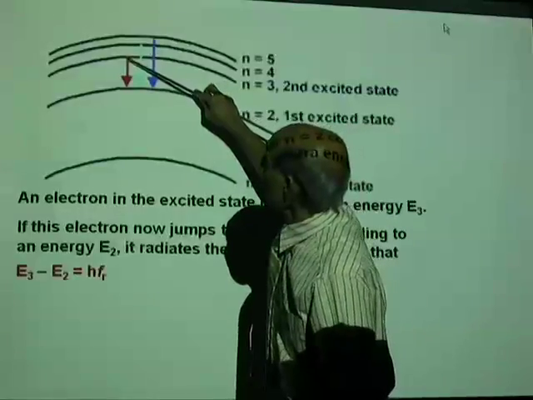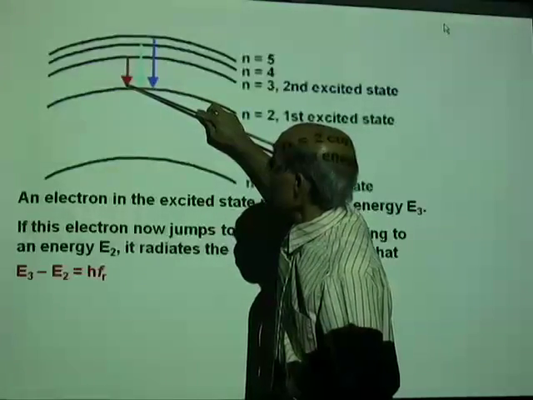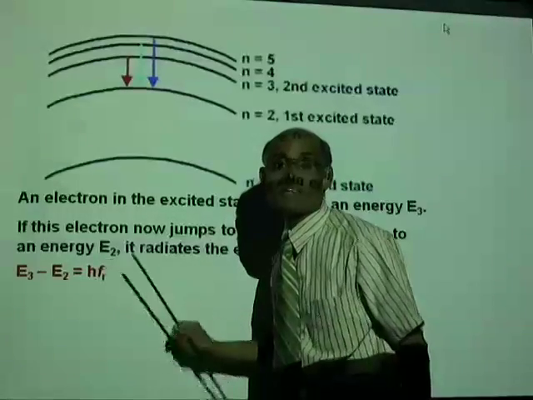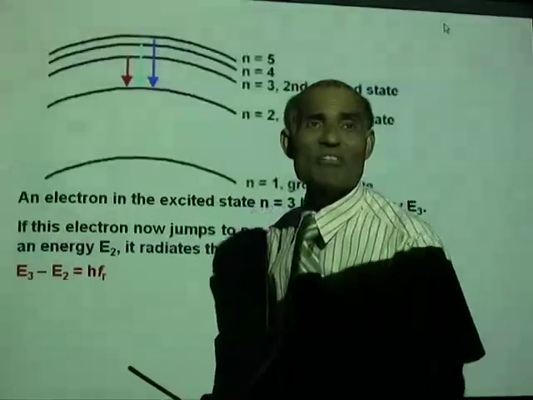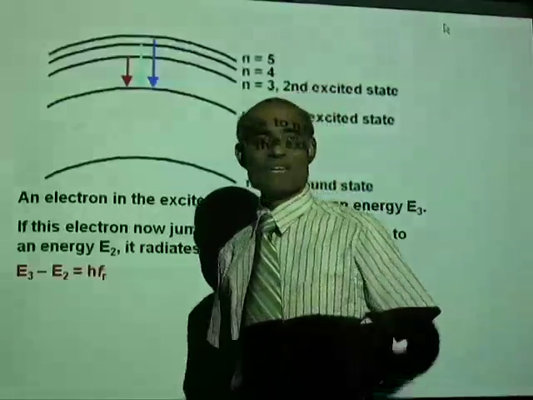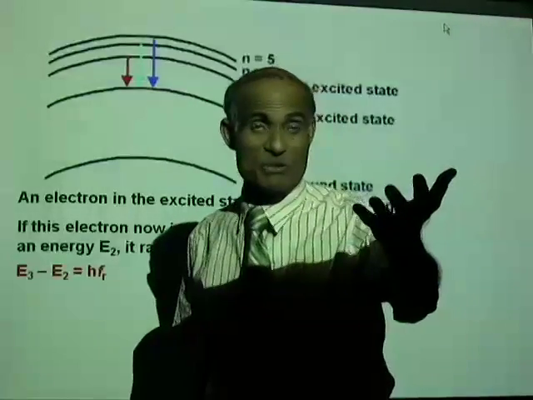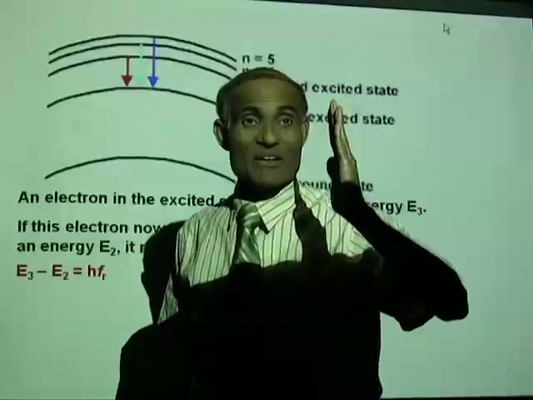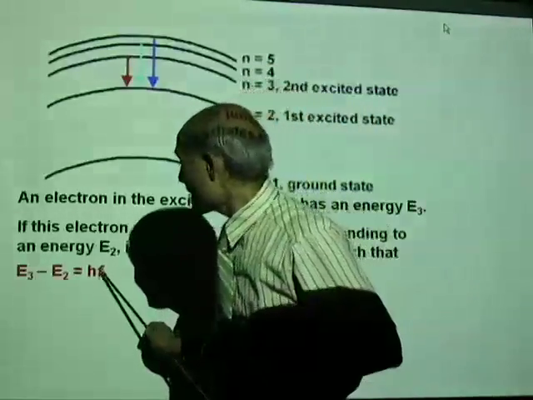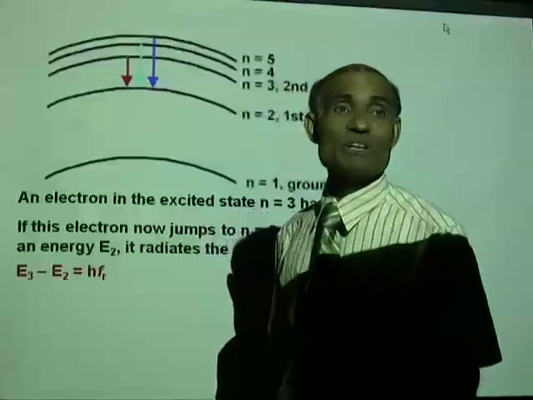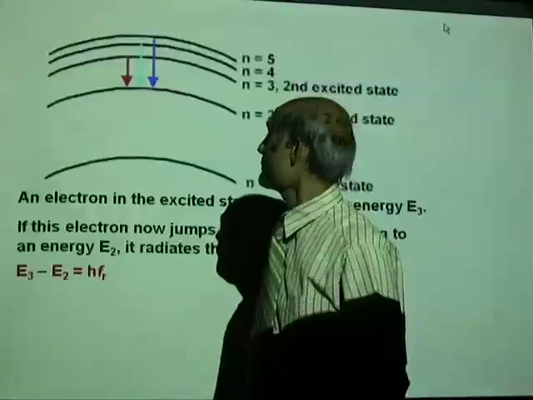So E3 minus E2 is emitted as a photon of energy hf, and that is the red radiation that we see. In the picture I showed you, there was a red light there, and the frequency of that red light is given by this: E3 minus E2 equal to h f_R.